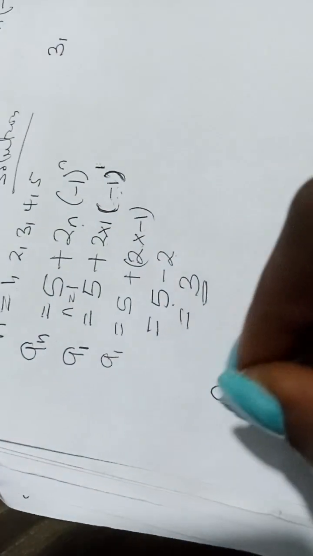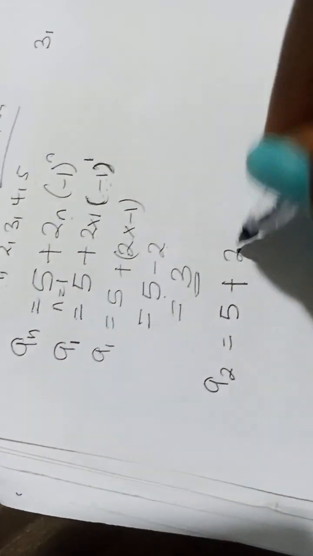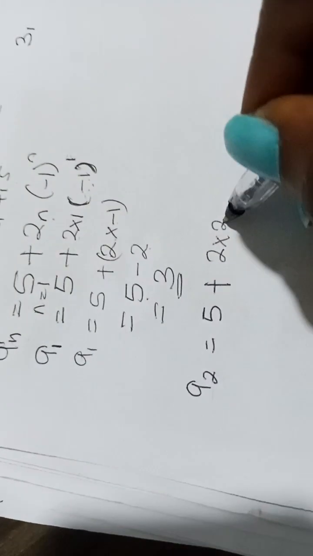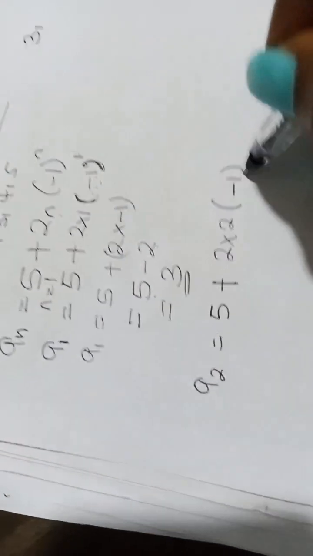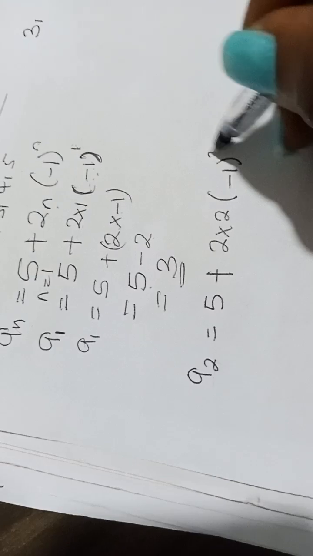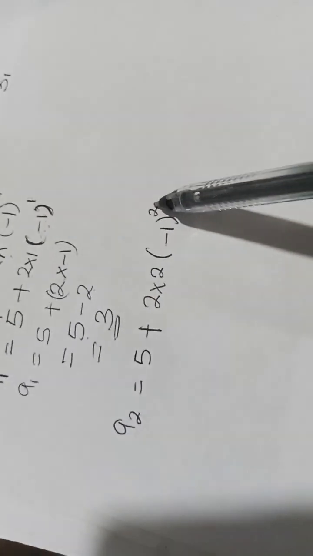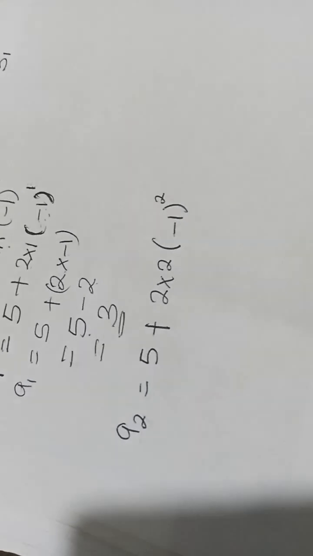So let's get our second term. That is a2. So putting 2 anywhere you see n, this is going to be 5 plus 2n becomes 2 times n times (-1) to the power of n, and n becomes what? 2. Remember, I said when the power is an even number, the negative sign will change, because a negative times a negative gives us a positive value.